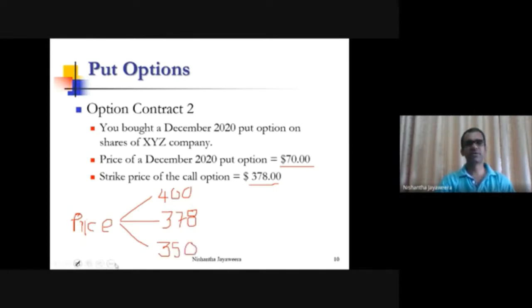Now tell me, what do you do when the price is at 400? On the expiry date, the price is at 400. What do you do?